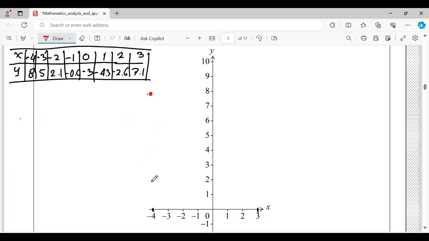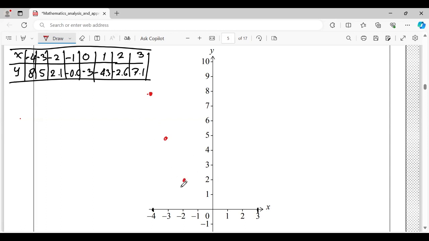After that, negative 3 and 5, around here. Minus 2 and 2.1, around here.